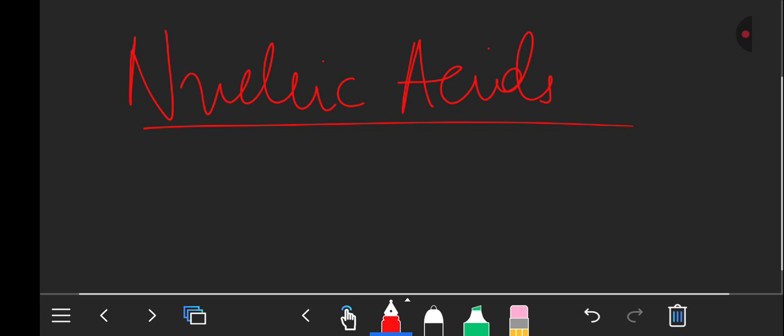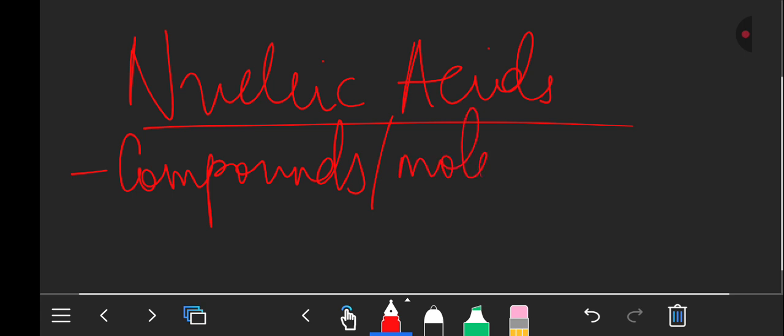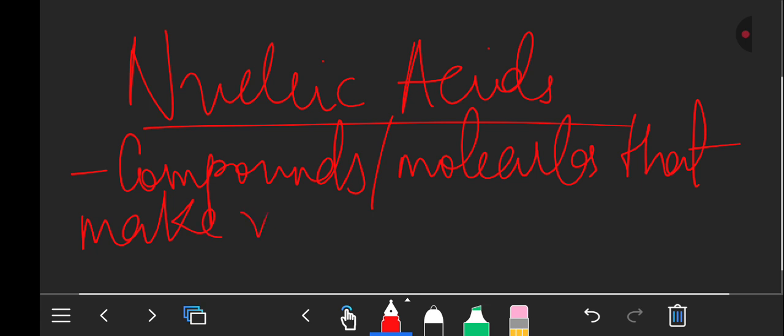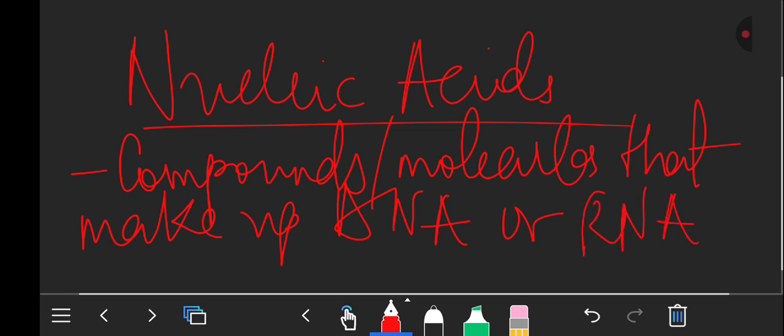So we are saying compounds or molecules that make up DNA or RNA.